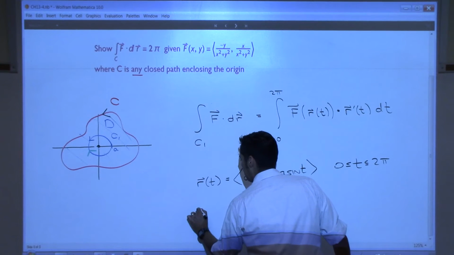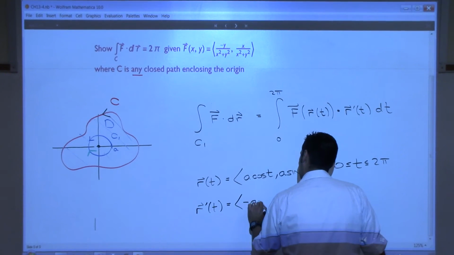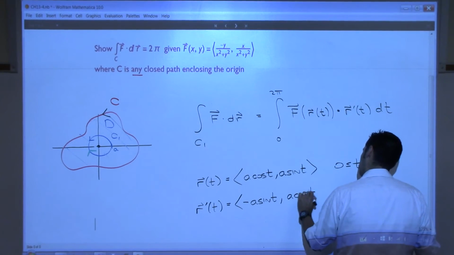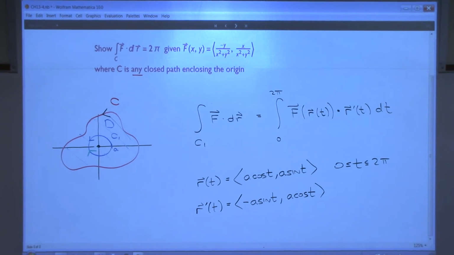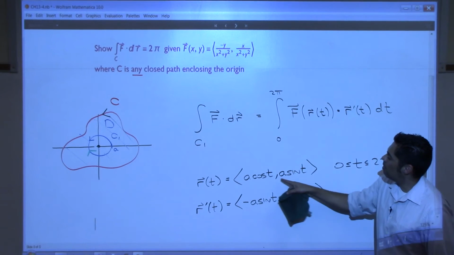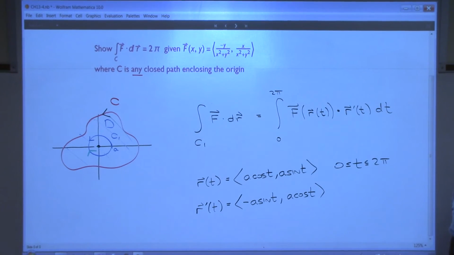The derivative of r is what? Negative a sine t, a cosine t. You with me? And we get to plug that in, right? We get to plug the r into the vector field, and we need to plug the r prime into this. So here I go.